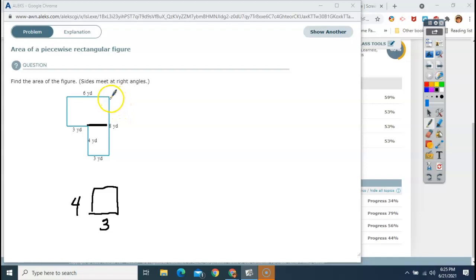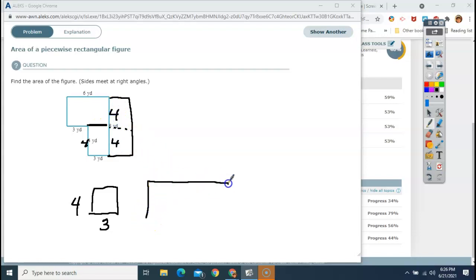This whole thing right here is 8. And so I've got to ask the question, if this whole thing is 8, and if I cut this part off, and we already see that there's a 4 here, that means this bottom part is 4. So that means this part is 4 as well.